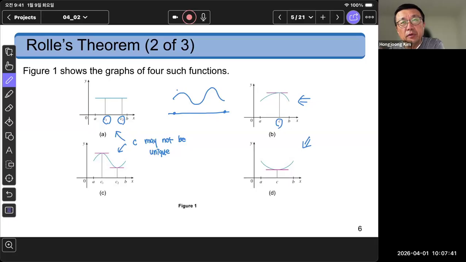So if you have such a nice smooth function, and if f of A and f of B are equal, then there must be a certain point where the tangent line is horizontal. And as I said, such a point may not be unique. So this is Rolle's theorem, and it is quite clear when you look at the graph.